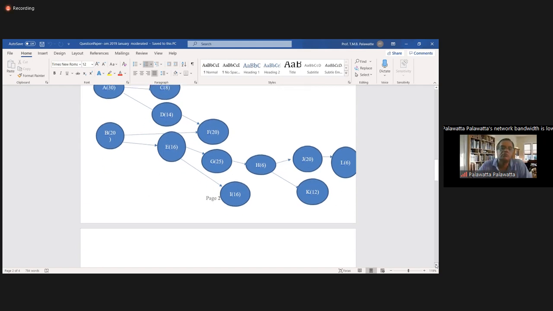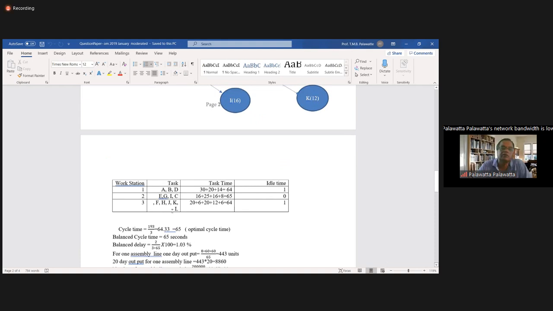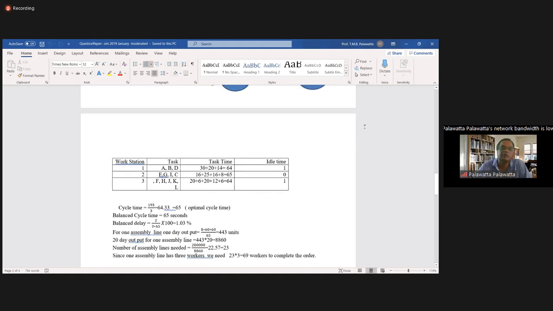Before finding the balance, we need to calculate the optimal cycle time. When you add all these task times, you get 193.